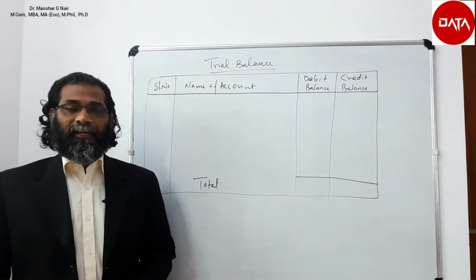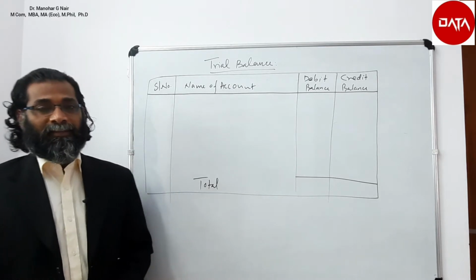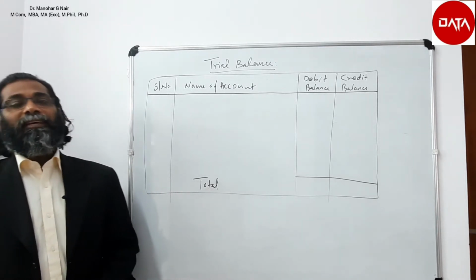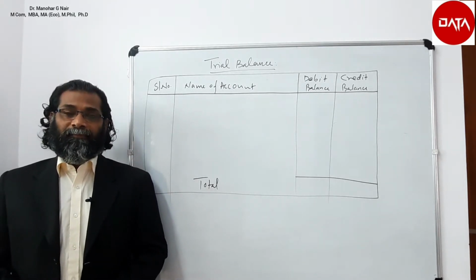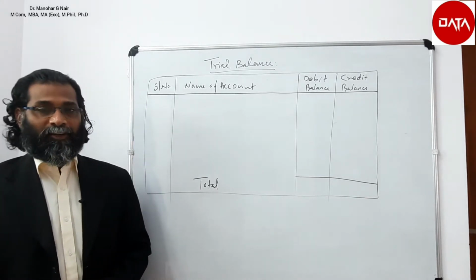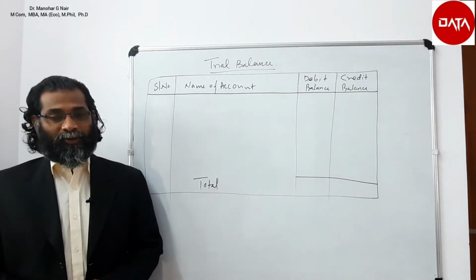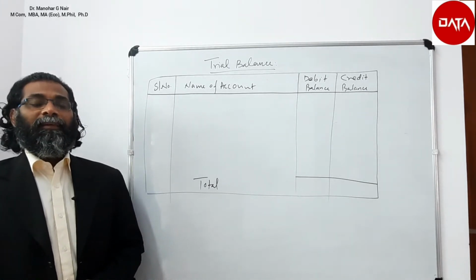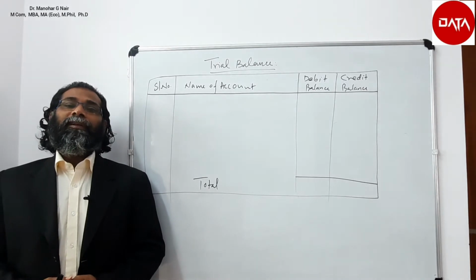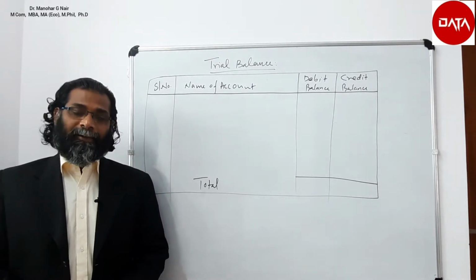It is understood that if both the columns, that is the debit as well as the credit column of the trial balance, show an equal balance, then the accounts are said to be prepared with arithmetical accuracy, satisfying the double entry rule. The debits are equivalent to credits.